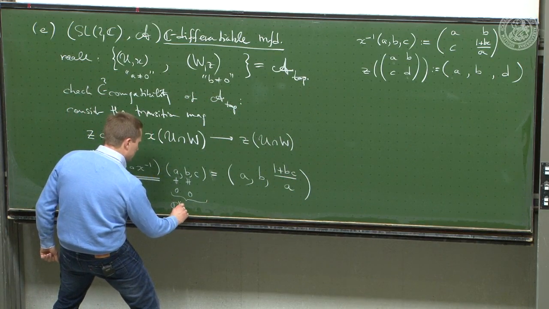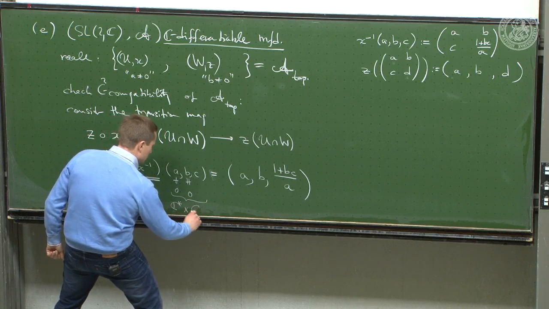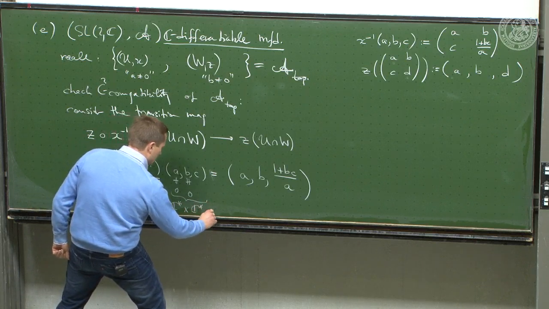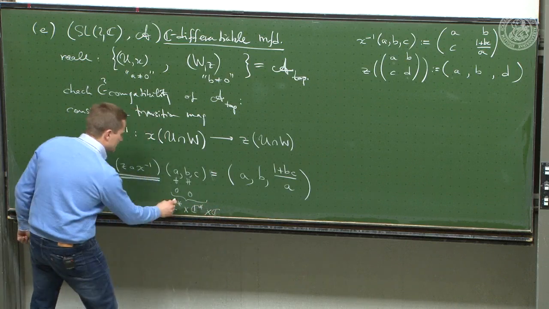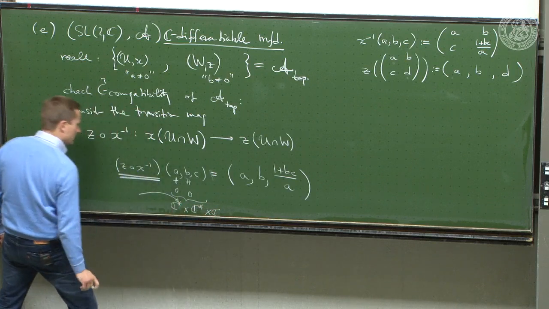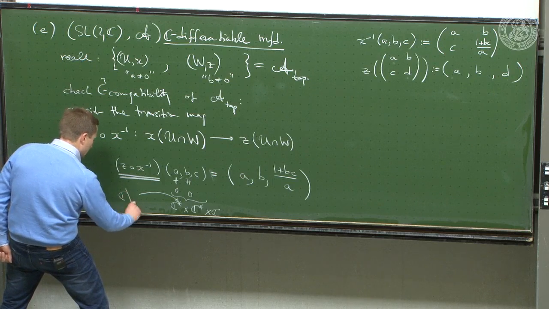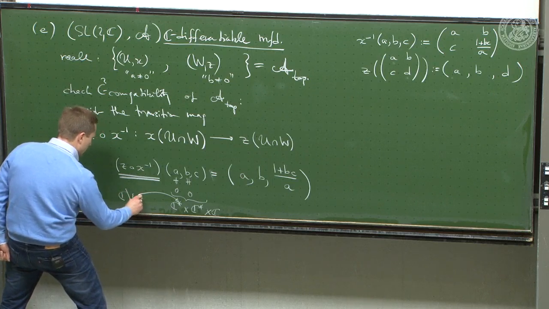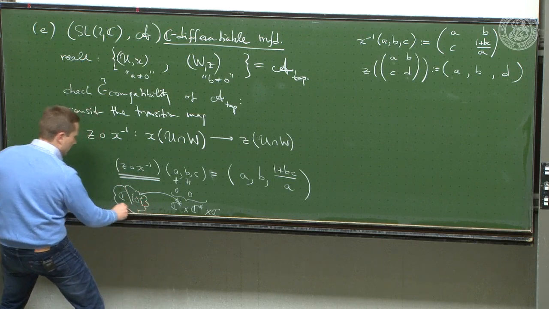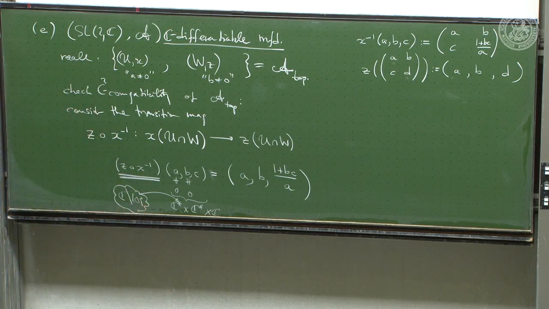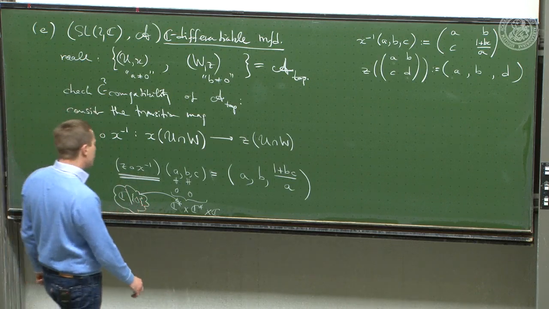It comes from C star cross C star cross C, but here the star is not the vector space dual; it means C without the zero element. I think we used this notation before.